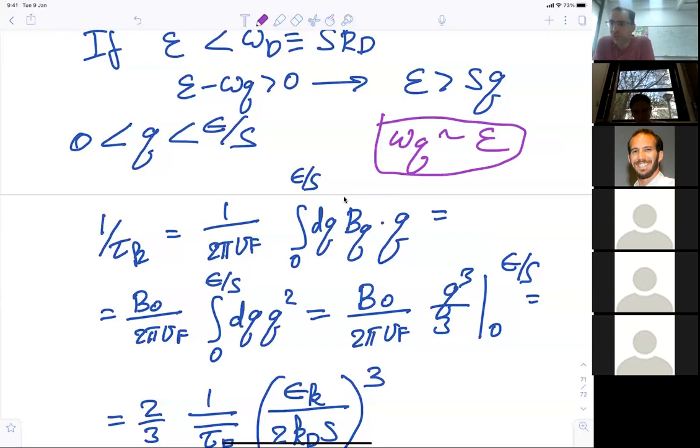The change of energy was essentially of the order of energy. So the energy did change. So energy equilibration did happen, but the momentum equilibration did not.